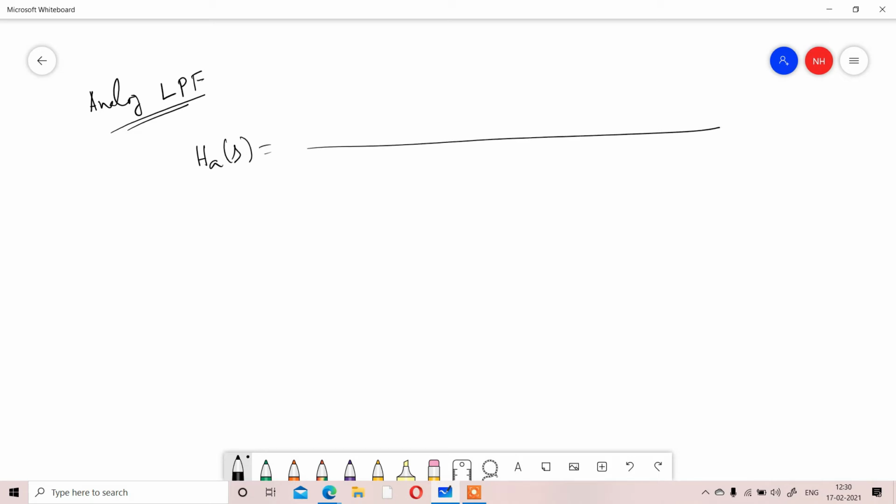In the next session, or simply in the next point, whenever we try to design an analog filter, or simply an analog low pass filter, keep in mind the response will be considered like that.